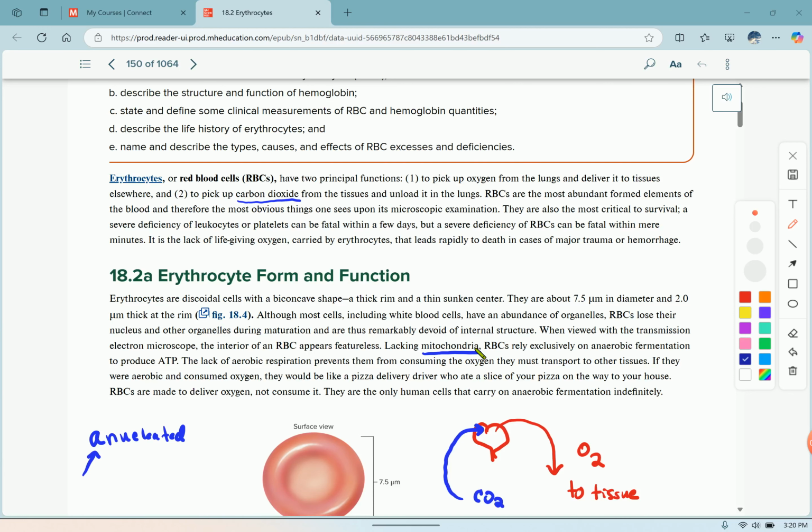And oxygen is a form of energy for our cells. So if the red blood cell had a mitochondria, had a nucleus, then it would consume the oxygen that is bound to it. So as a result, they are anucleated, without a nucleus. I think that's pretty clever that the human body knows how to do that. It creates an efficiency where the oxygen is not utilized by the cell that's carrying it.